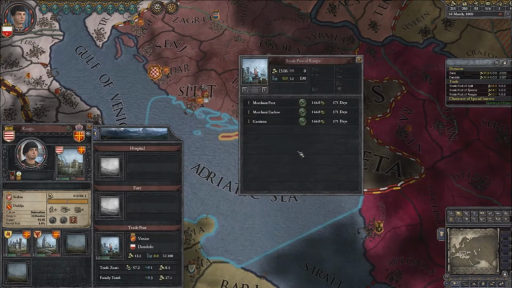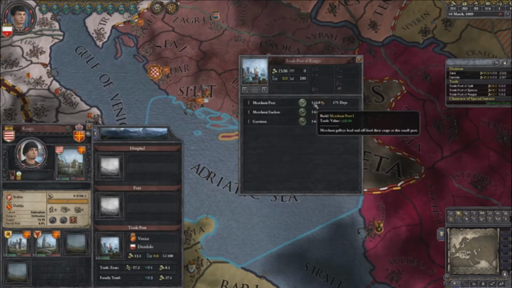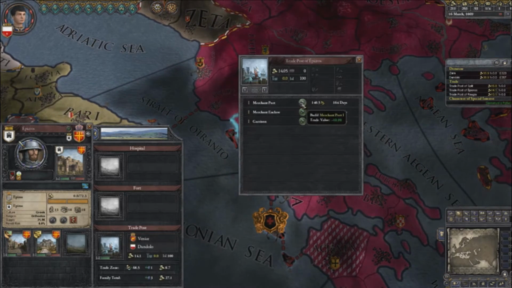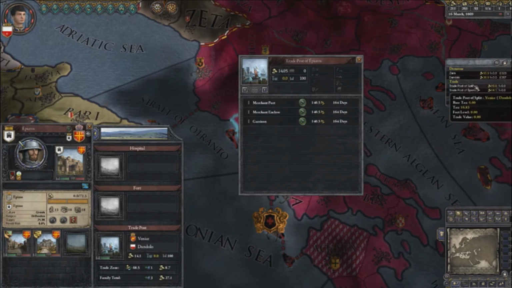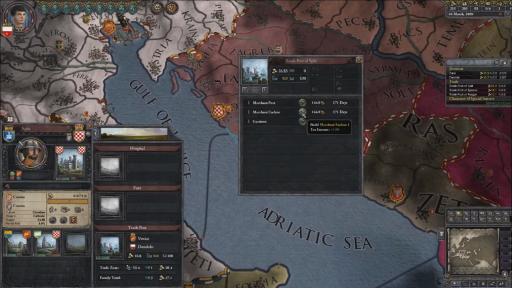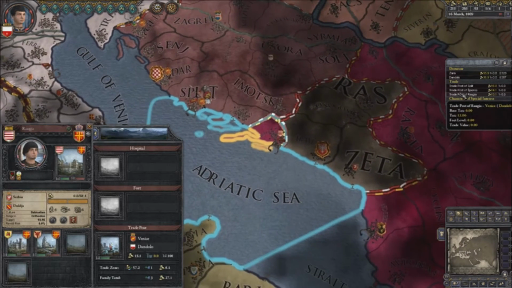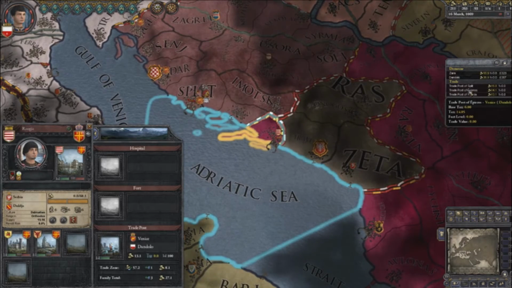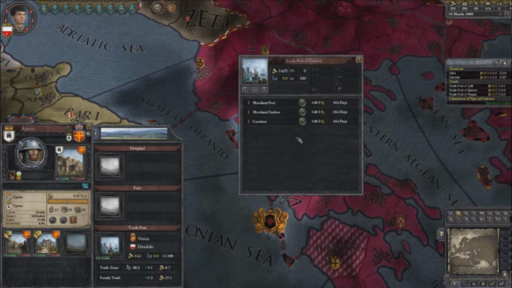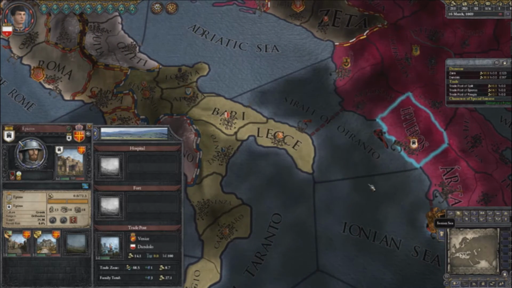Ragusa. Here, I think. One sort of split. Epirus. I will start upgrading a few of my trading posts now.